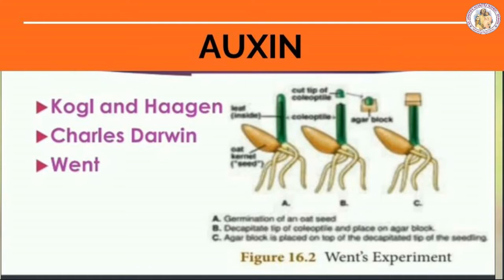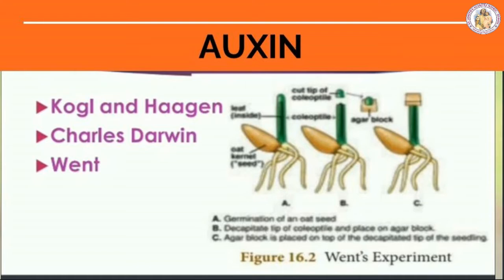In the second experiment, that is B, he placed agar blocks on decapitated coleoptile tips. The coleoptile did not show any response. So he moved to the third experiment. He placed the coleoptile tips on agar blocks. After an hour, he discarded the tip and placed this agar block on the decapitated coleoptile.